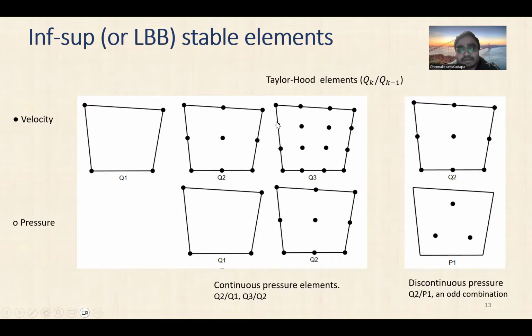One solution is to use different spaces and make sure they satisfy the inf-sup condition. These elements do satisfy it, but their implementation is tricky, and the solution gets computationally expensive as we go to three-dimensional problems.